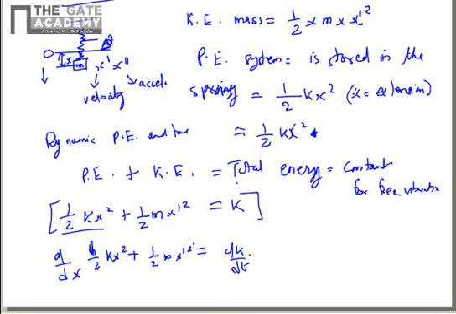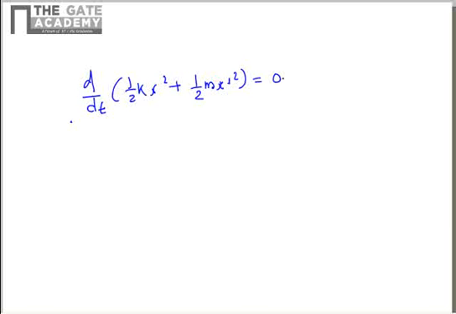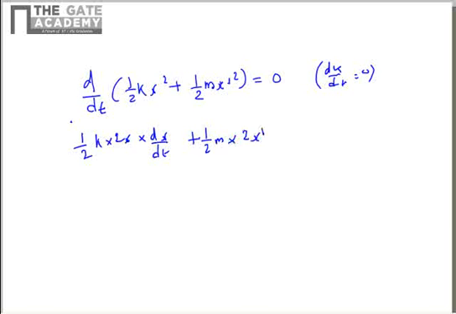K is a constant, so d by dt of the total energy is equal to 0, because the derivative of a constant is 0. Now we will take the differentiation. This will come as half k into 2x multiplied by dx by dt plus half m multiplied by 2x dash dx dash by dt equal to 0.